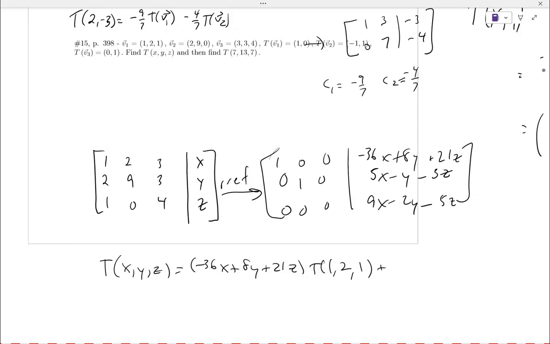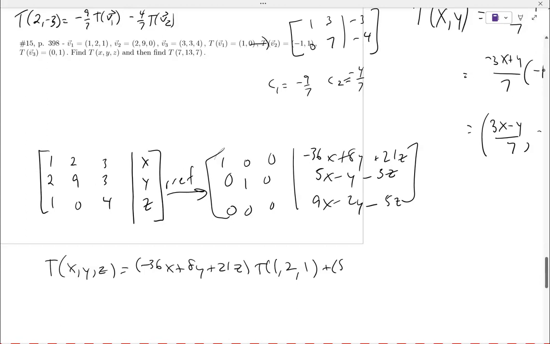We would do the second constant times the output for the 2, 9, 0. And finally, the third constant times the output for the 3, 3, 4.